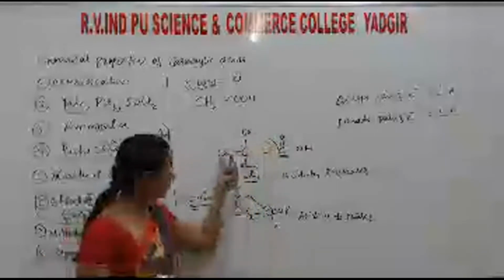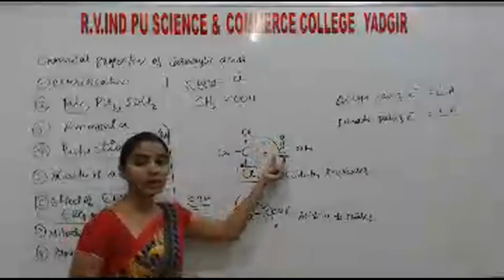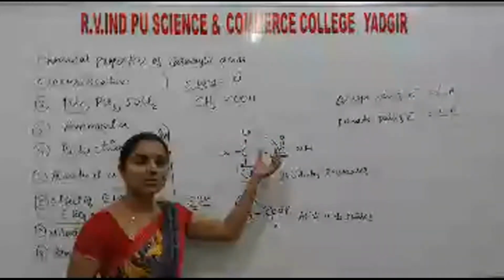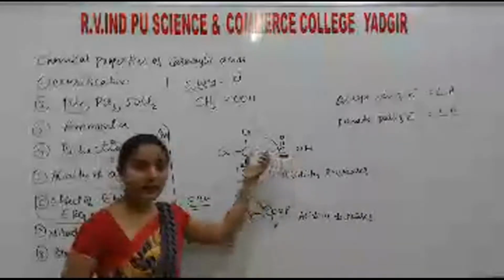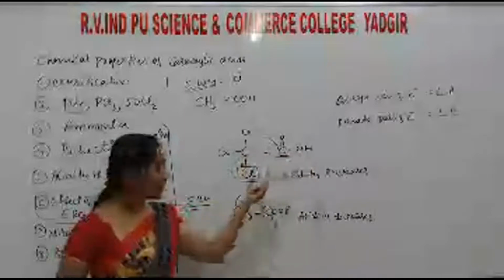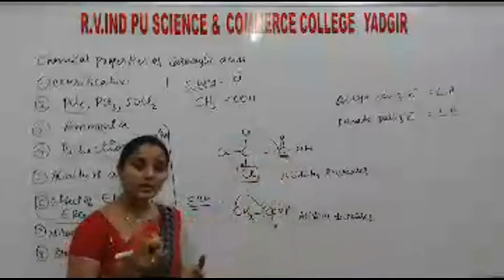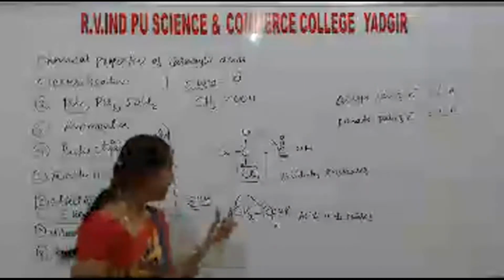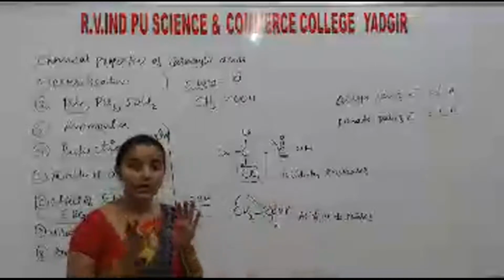This also withdraws electrons, this also withdraws electrons, means here the electron density keeps on decreasing. Then they require more and more electrons, then the acidic character increases. If the number of electron withdrawing groups increases, the acidic character increases. If the number of electron releasing groups increases, the acidic character decreases.